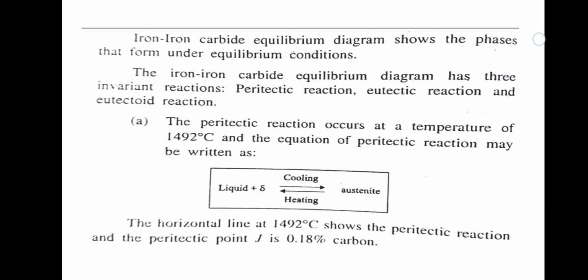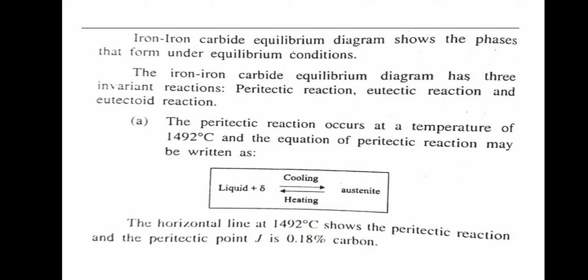Above 1539 degrees Celsius it is in liquid state. Liquid, when acted with delta iron, becomes solid austenite. Below the peritectic reaction line, austenite will form.